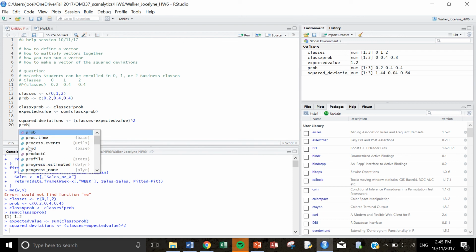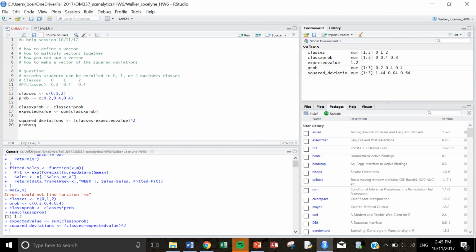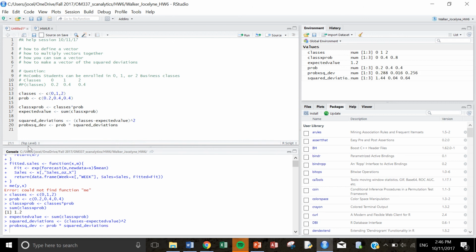So my probabilities times my squared deviations. We're going to bring back that ability to multiply vectors together. I'm going to say prob times those squared deviations that we just calculated. And I got the probabilities times the squared deviations.